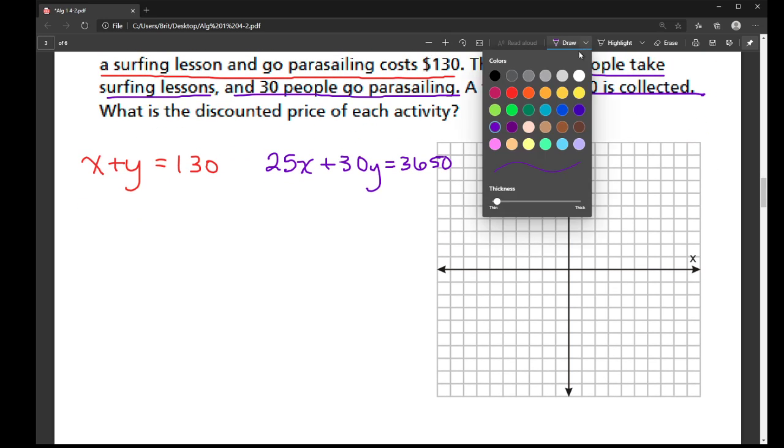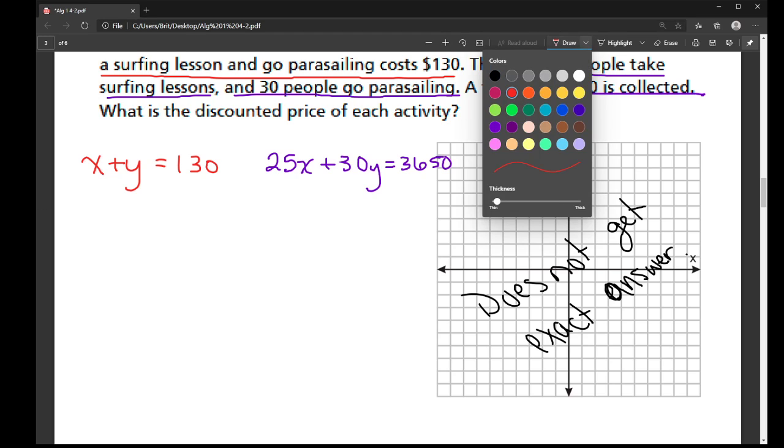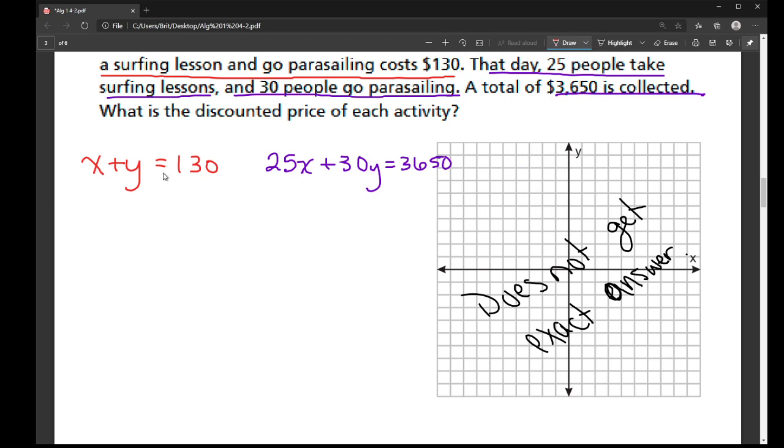Now we learned graphing doesn't get us the exact answer, so I'm not going to graph this because I want the exact value. I want to know what that discounted amount is, and I don't want it to fluctuate. So I'm going to take this red equation and solve it for one of our variables.